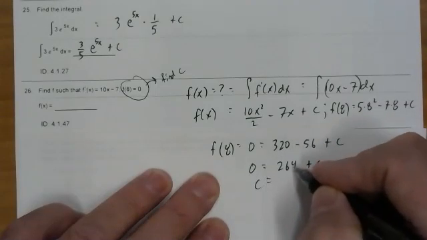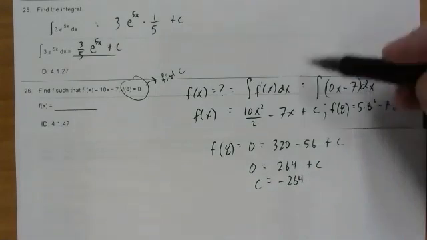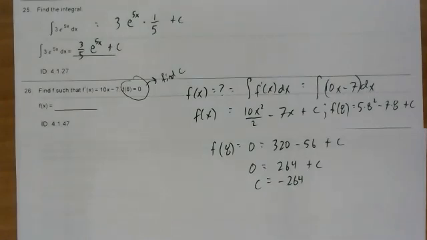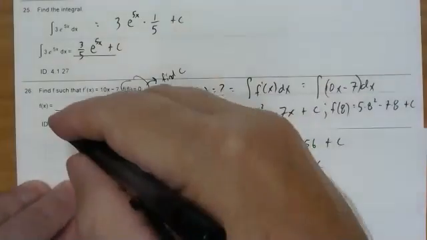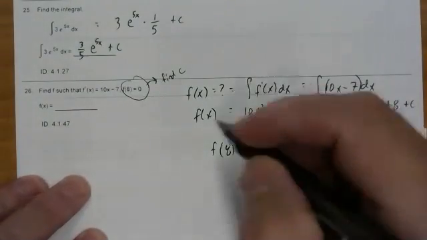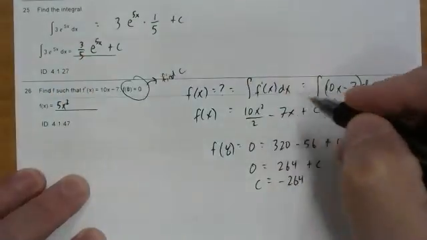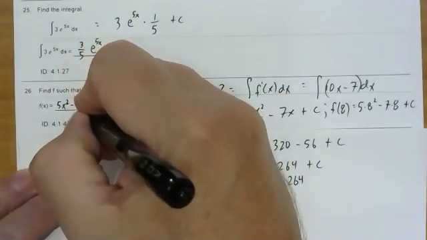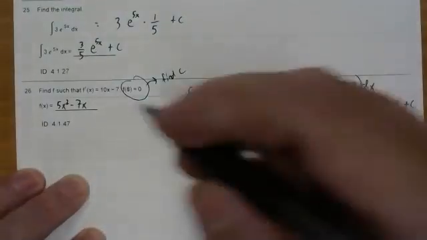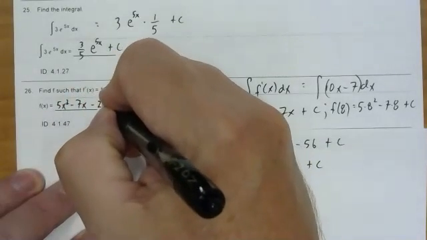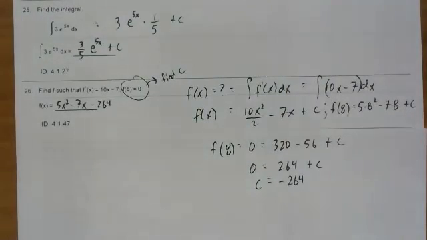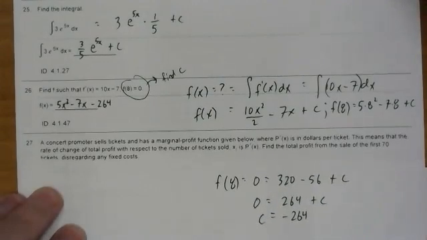I'm going to solve for c, subtract 264 from both sides. So therefore the constant should equal negative 264. So now my function is going to be 5x squared minus 7x minus 264. All right.